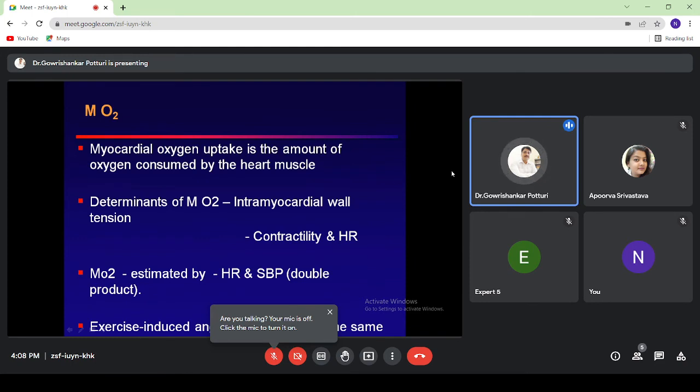MO2, myocardial oxygen uptake, is the amount of oxygen consumption by the heart muscle. The determinants of MO2 are intramyocardial wall tension, that is contractility, and heart rate. MO2 is estimated by using heart rate and SBP, systolic blood pressure. Exercise-induced angina often occurs at the same level.